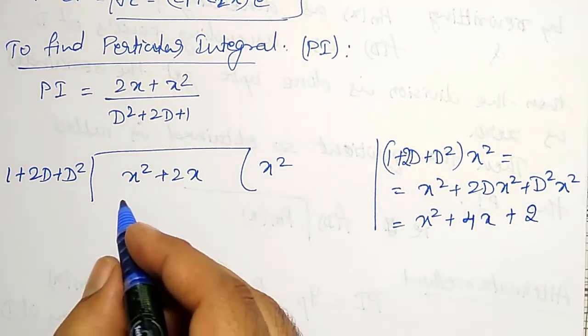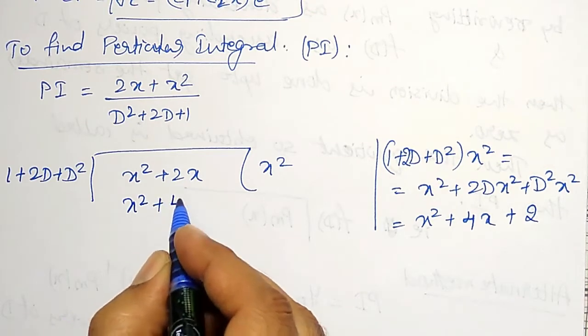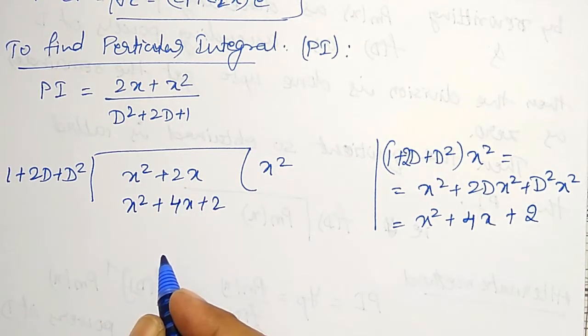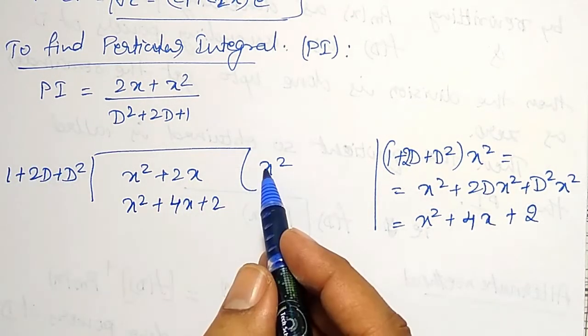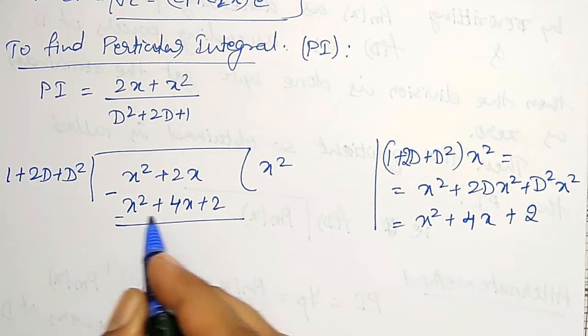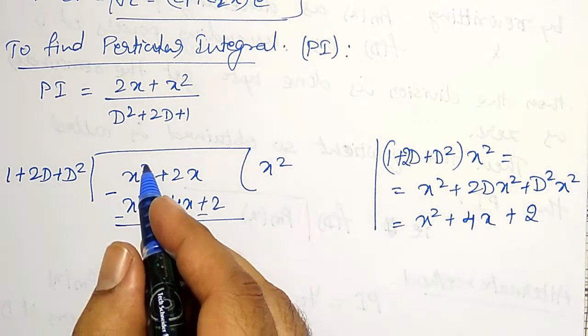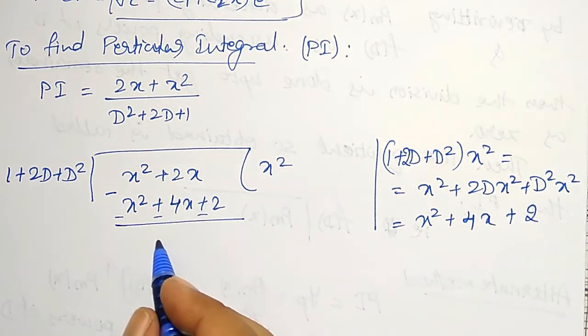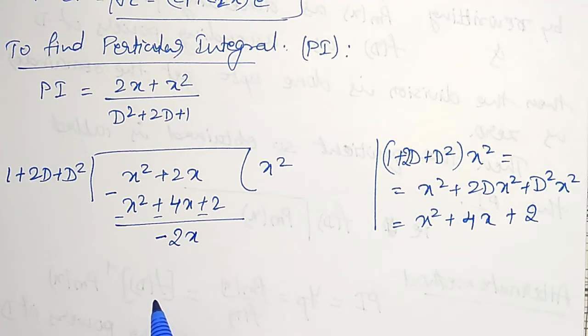Therefore I get x square plus 4x plus 2. Then subtract, while subtracting the signs will change. Therefore x square cancels, and minus 2x and minus 2 will remain.